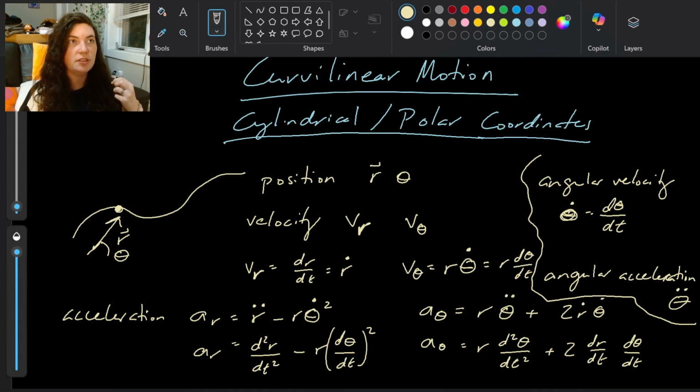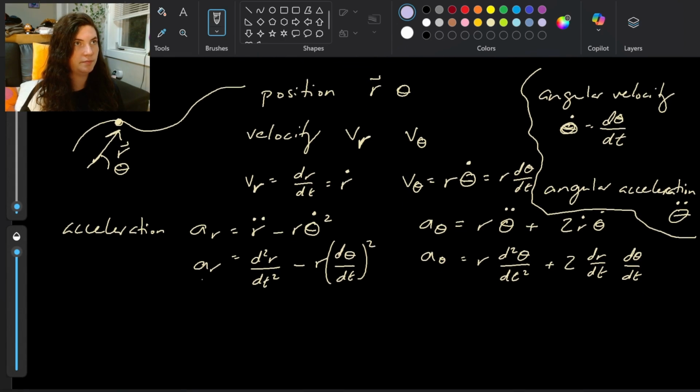Again, with these, the magnitude works exactly the same as in all of our other forms of curvilinear motion. The magnitude of velocity is the square root of v_r squared plus v_theta squared.